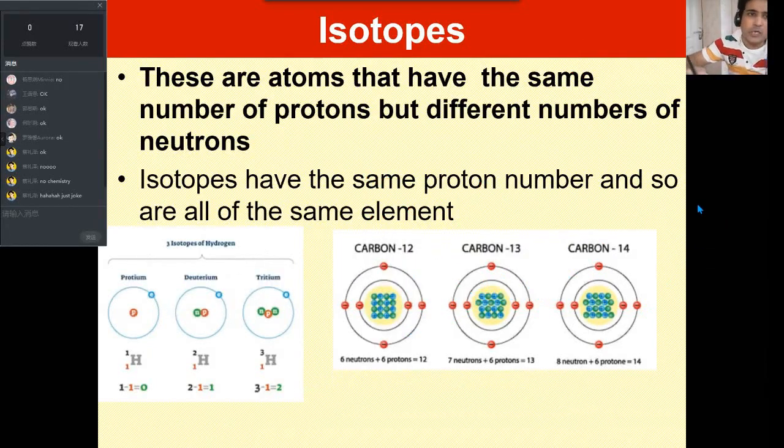Before I explain, let me ask you one question. Here, for example, we have 3 isotopes of hydrogen.